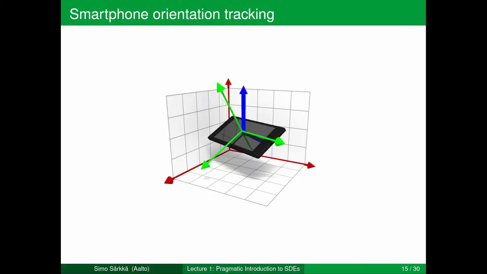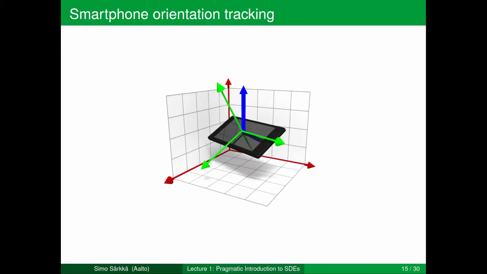So it turns out that actually the orientation of the mobile phone can be tracked using both the gyroscope and the direction of the gravitation. So gravitation can be seen in accelerometers, which show upward acceleration of approximately magnitude 9.81.